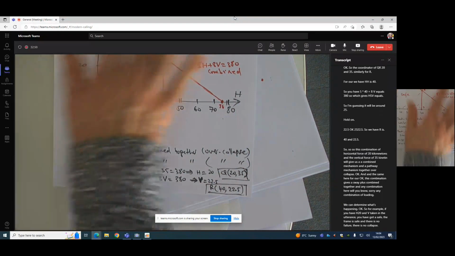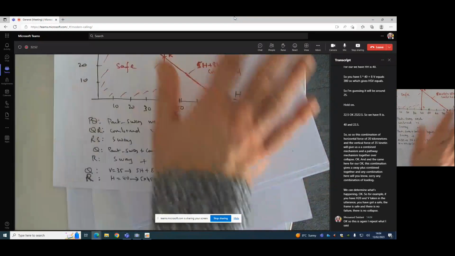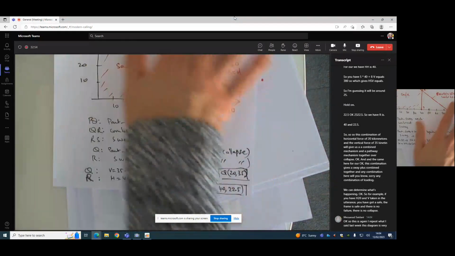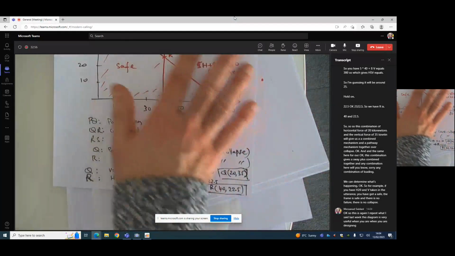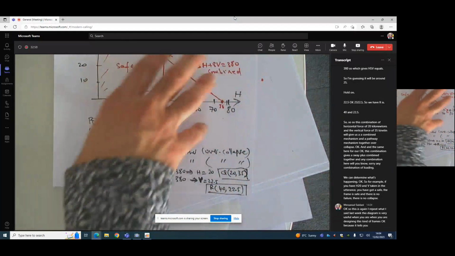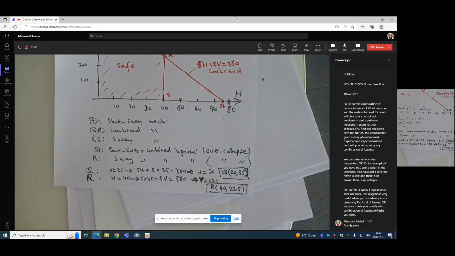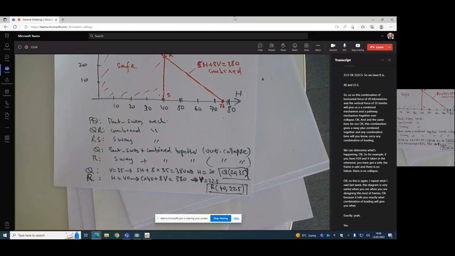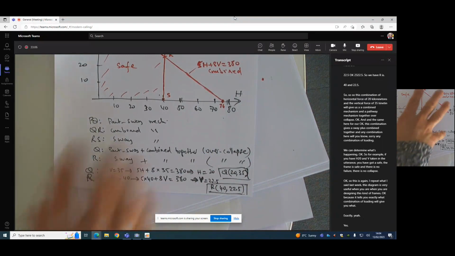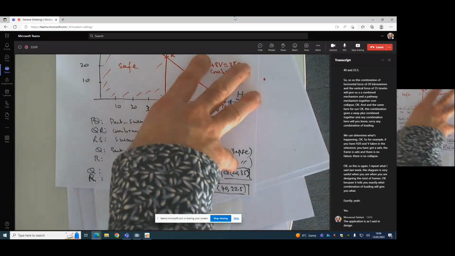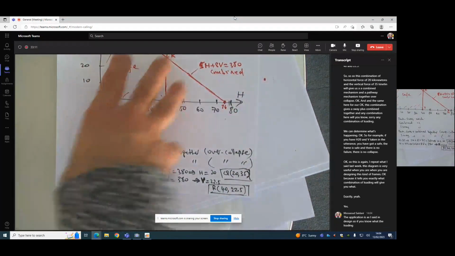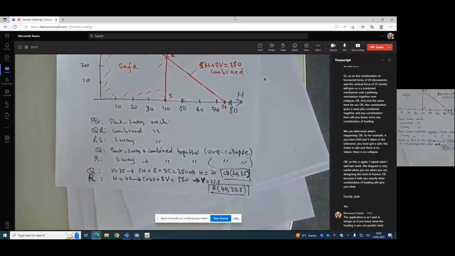Okay, so again, I repeat what I said last week. This diagram is very useful when you are designing this kind of frames. Because it tells you exactly what combination of loading will give you what. Is that clear? Yes. The application is, as I said, in design. So if you know what the loading is, you can predict how your frame will fail.